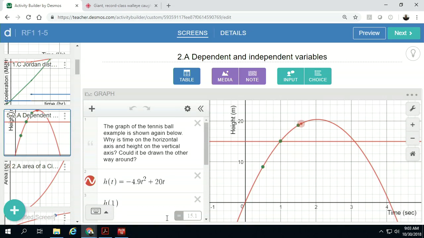And then you can see that the independent variable is along the horizontal axis, and then the dependent variable depends on it, right? And it's going in a curve because it's to the second power, right? And all this is saying is that gravity pulls it down at twice this, so that'd be 9.8. But the guy threw the ball up at 20 meters per second.